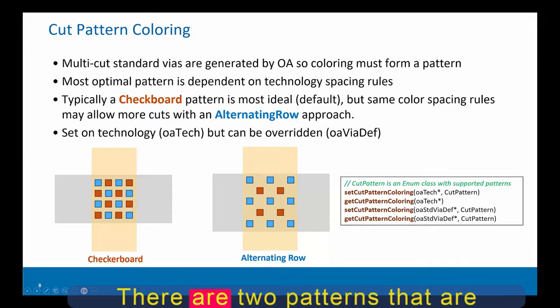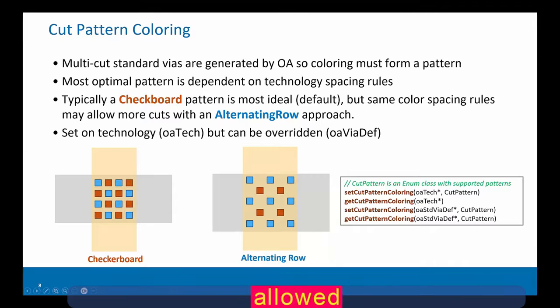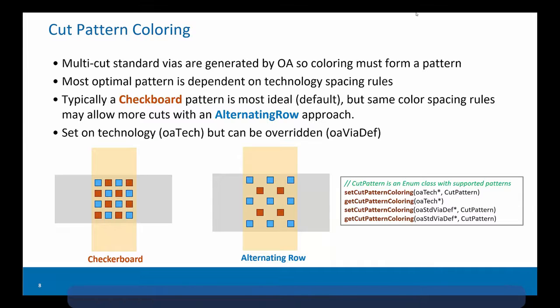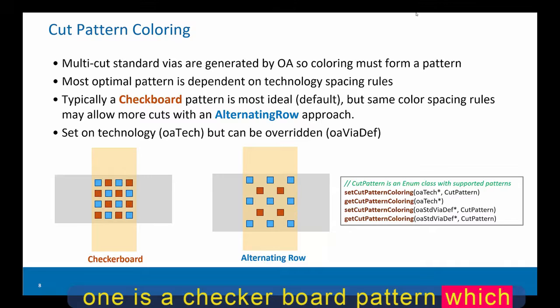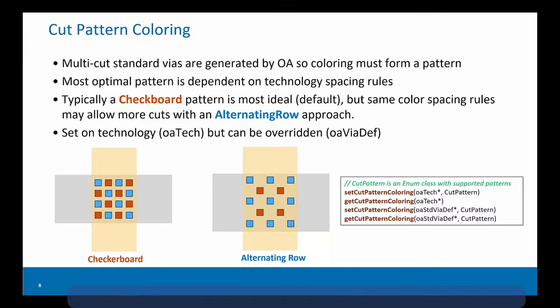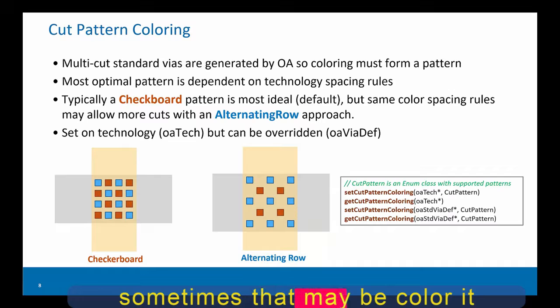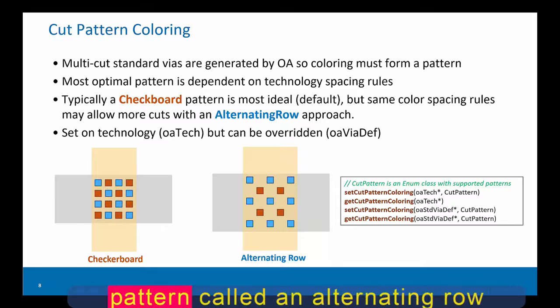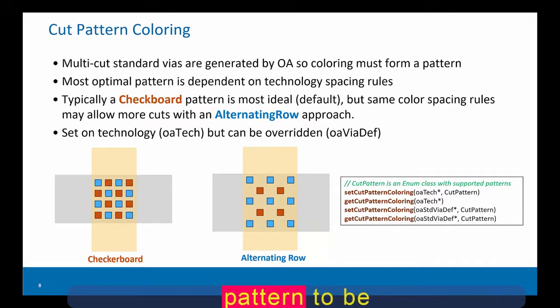There are two patterns that are allowed or mentioned in the spec document. One is a checkerboard pattern, which is the most ideal and the default pattern. But sometimes there may be color spacing rules that allow another pattern, called an alternating row pattern, to be specified.